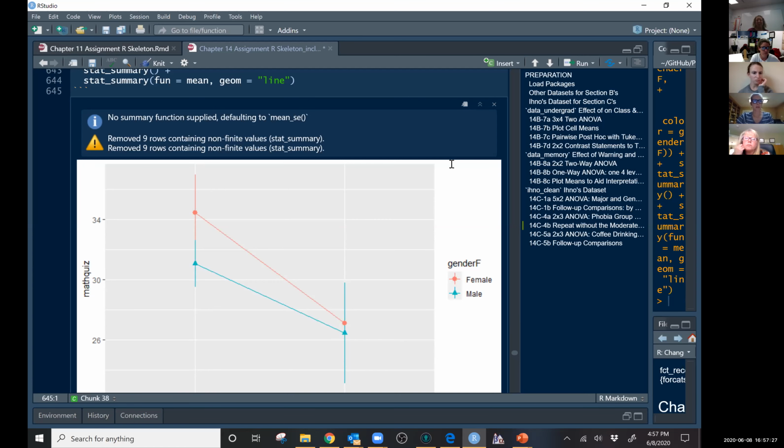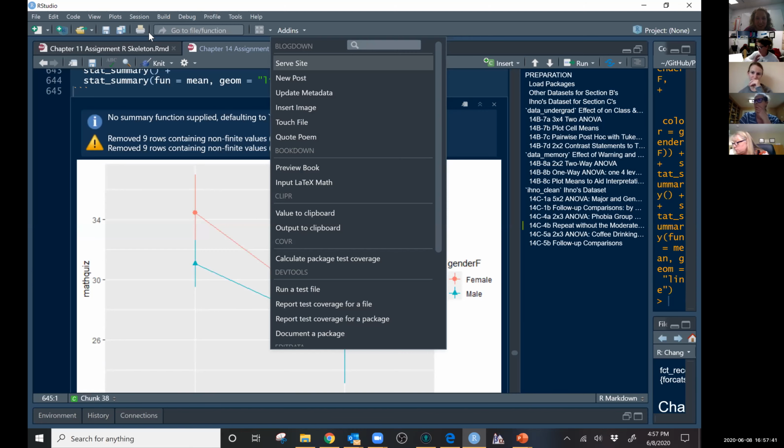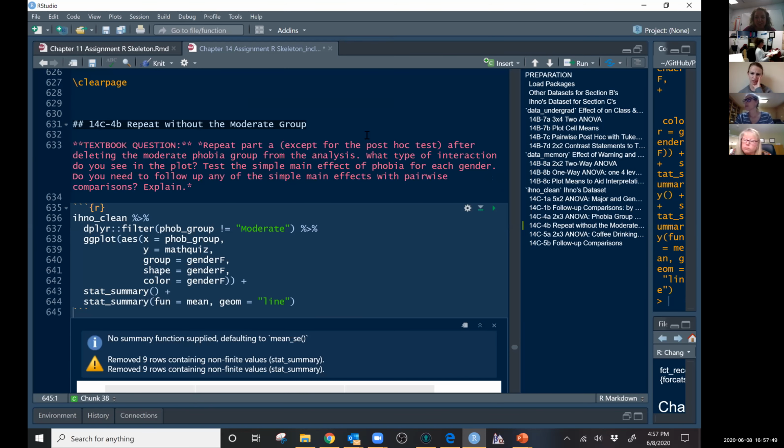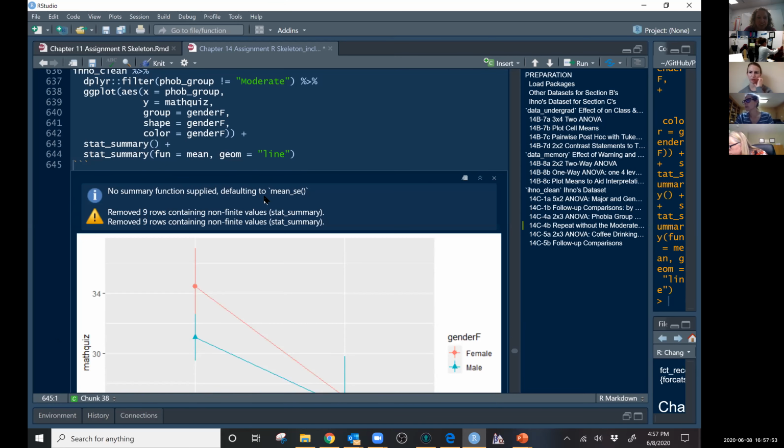Sorry, Sarah, can you scroll up just a minute? Yeah, let me. I blew up my screen and now it's zoomed. Come on. Can I zoom out? Because mine is showing that there is a place for this. Are you guys seeing that? 14C4B, repeat without the moderate group.